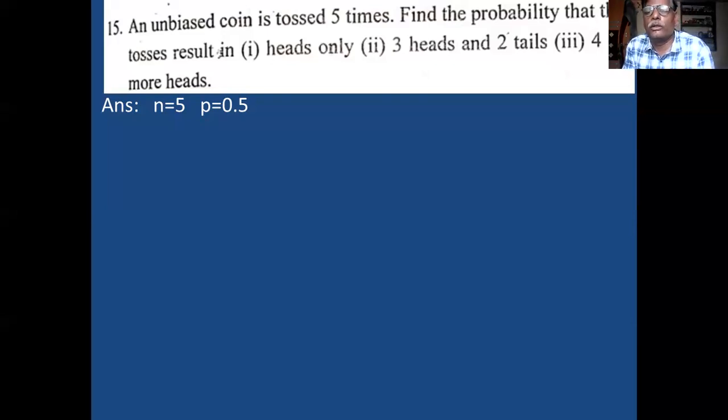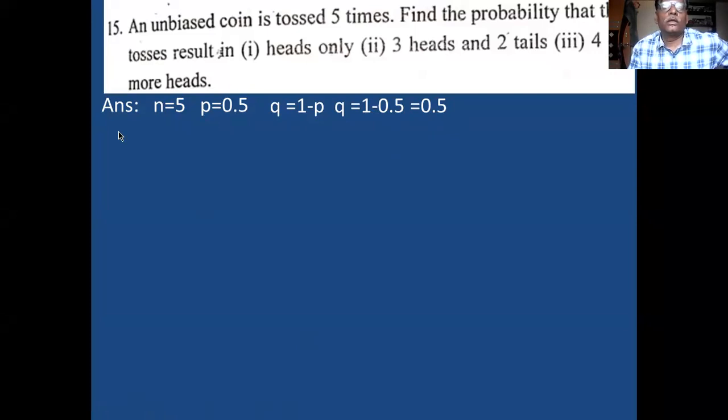Remember this. If head falls, tail does not fall; if tail falls, head does not fall. So if asked what the probability is, it is 1/2. That half is nothing but 0.5. Probability of head is 0.5. So Q, probability of Q is equal to 1 minus P. So its answer is 1 minus 0.5 is equal to 0.5.